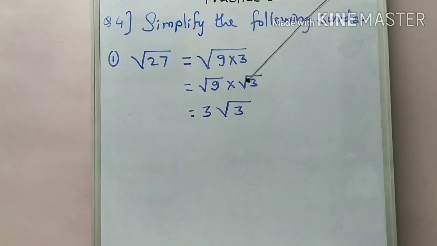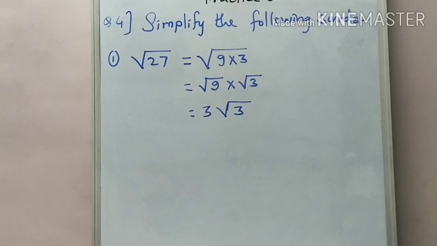You can directly write 3 root 3 after this step; it is not necessary to write this separate product. So root 27 is the given surd, and simplification means you have to factorize the number in such a way that one factor gives a perfect square number. The factorization of 27 is 9 3s, and the square root of 9 is 3. So we write 3 outside, and the simplest form is 3 root 3.